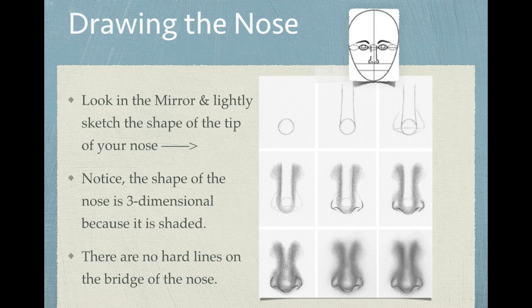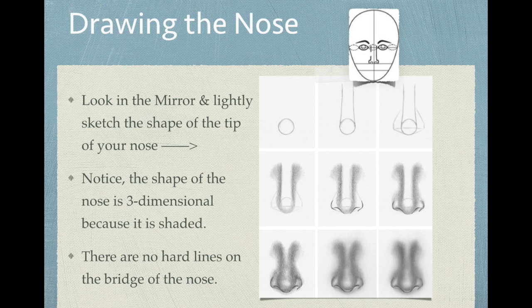Okay, and the next part you'll draw is the nose. And again, you're not meant to be drawing this fast. You can pause it and just take this video as a step by step. But look in the mirror at your nose and notice that there's not like a harsh outline anywhere on your nose really. It's more just showing 3-dimensionally because of the highlights and shadows that are making up the shape of your nose.